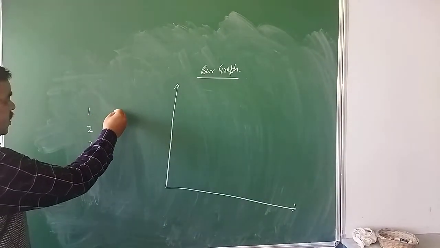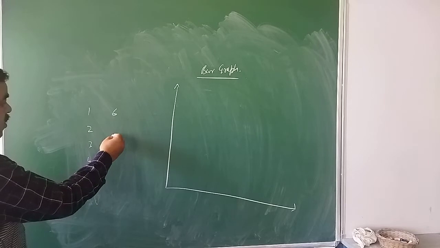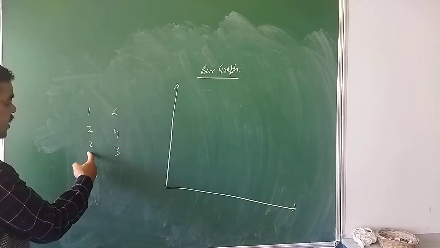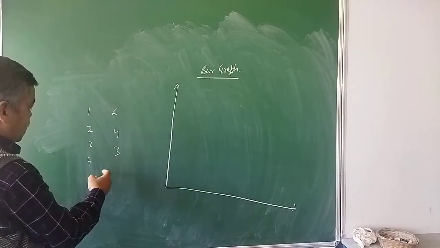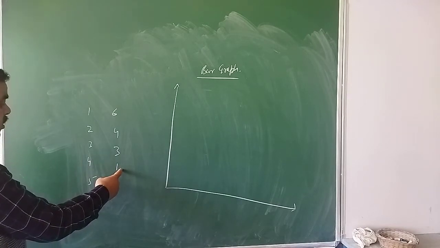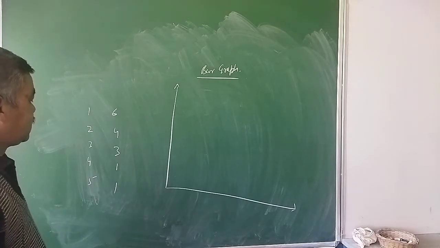Suppose there are 6 families in which one child is there. There are 4 families in which 2 children are there. There are 3 families in which 3 children are there. There is one family with 4 children, and one family with 5 children.